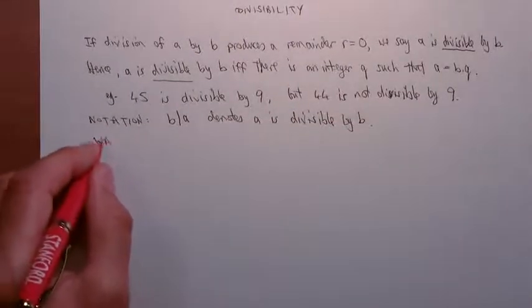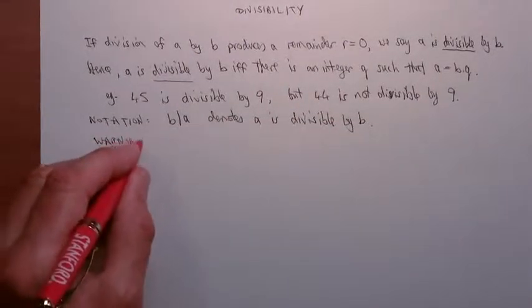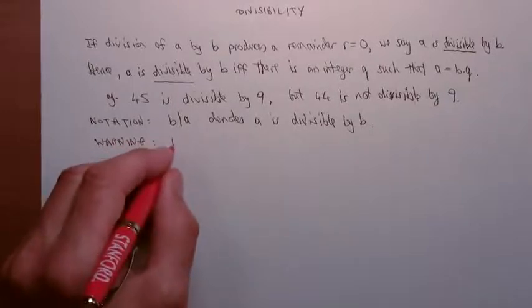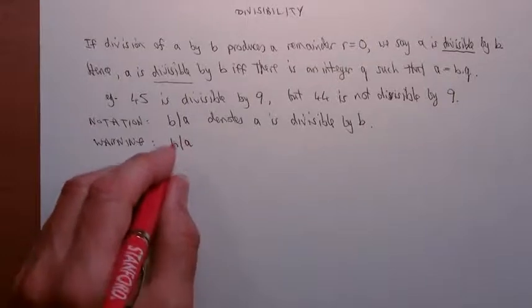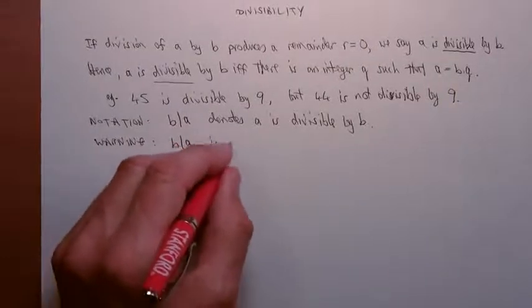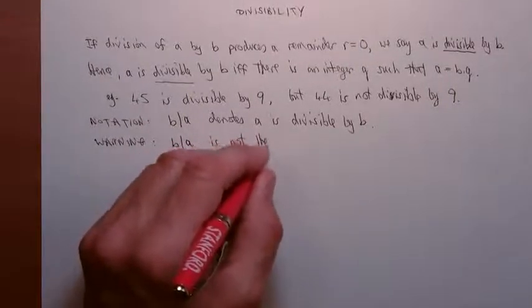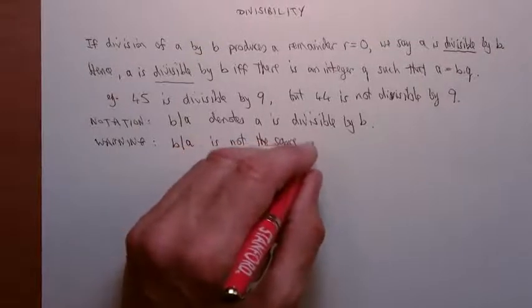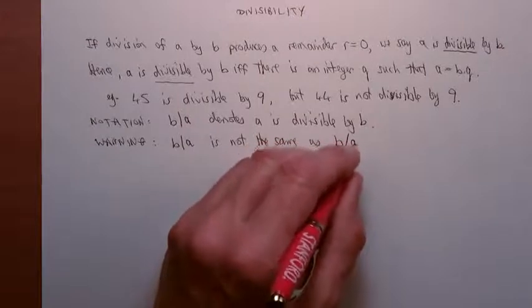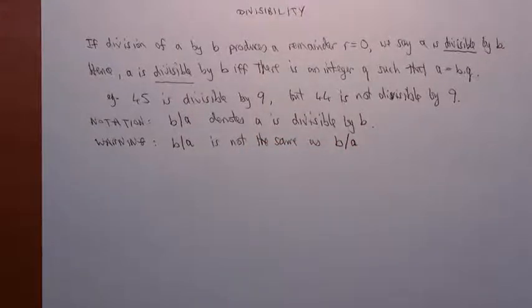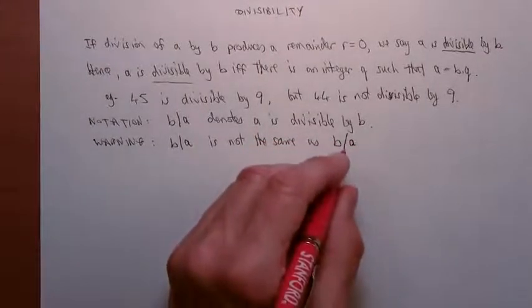And let me give you a warning at this point. B divides into a, or a is divisible by b, is not the same as b divided by a, with a slanted line.